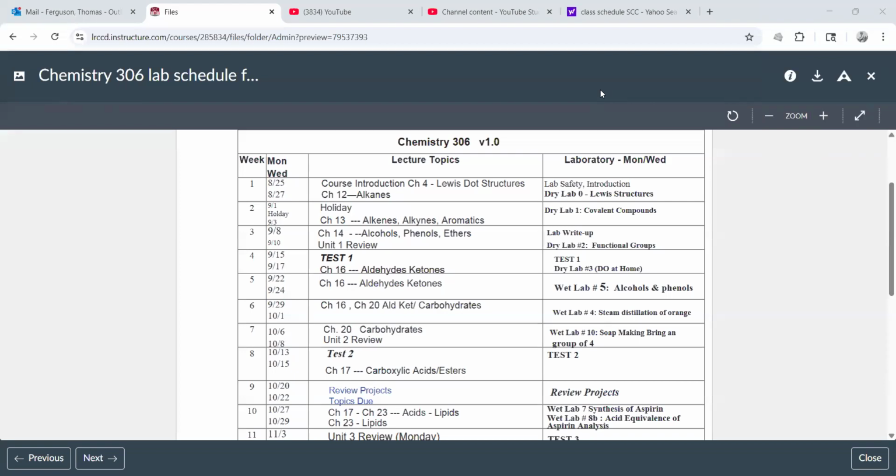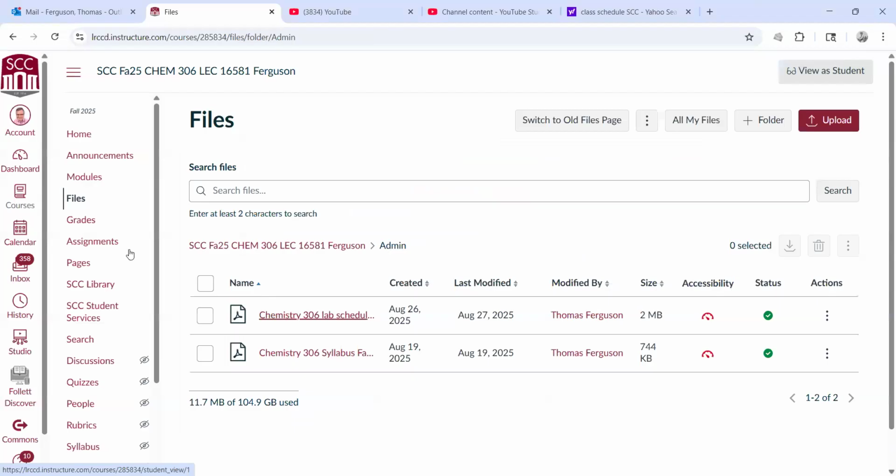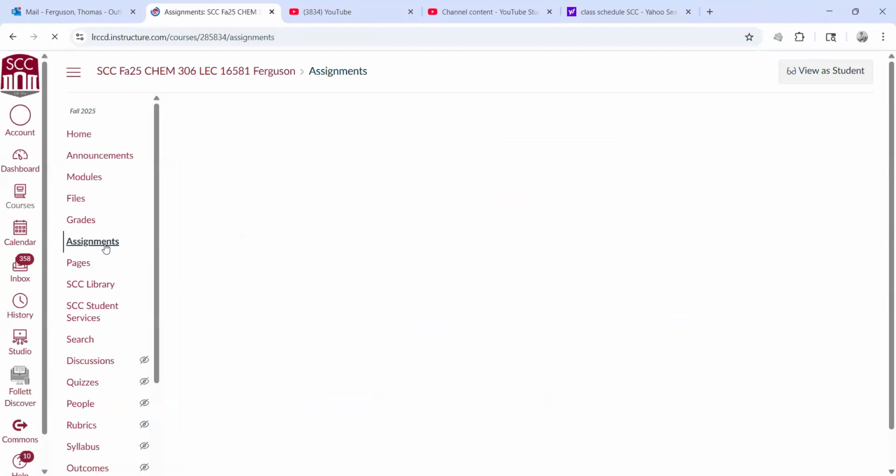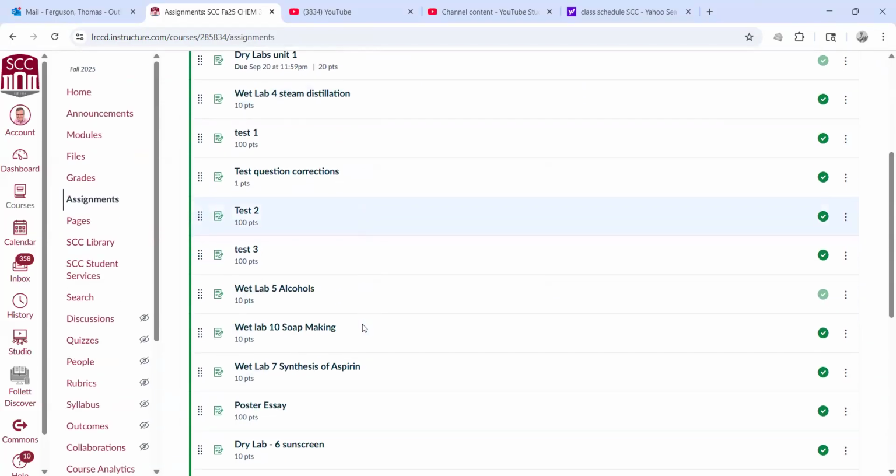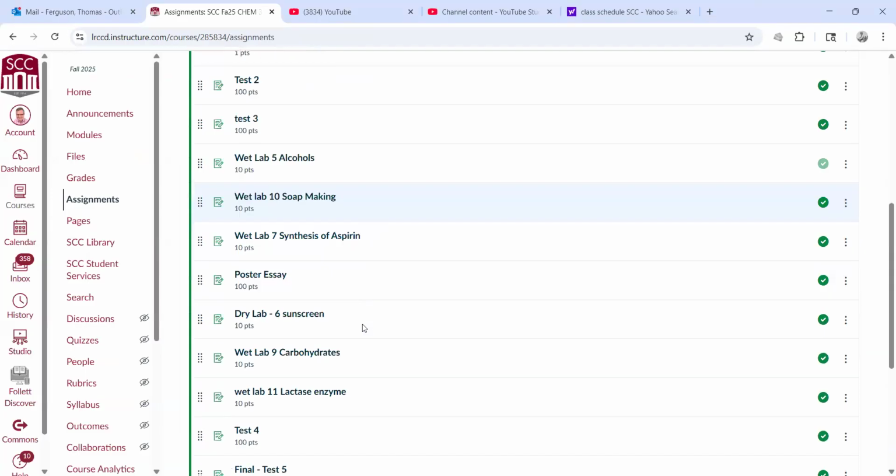And then where do we upload it? Like on Canvas, is there an assignment topic for it? Yeah, let me jump over to Canvas here. It should be Lab 6.